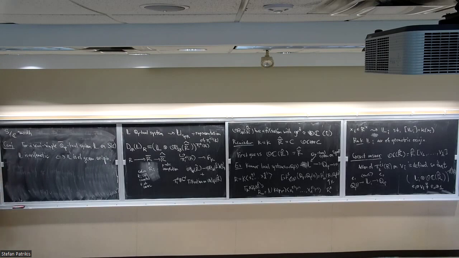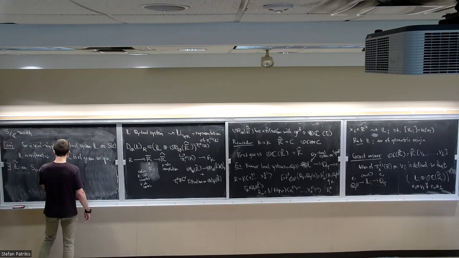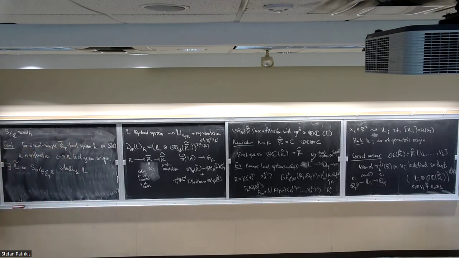And so if I know that my local system is arithmetic, then I know that there exists some local system L tilde on some spreading out of my variety over some finitely generated subfield of C. So now we're at least in a position to run p-adic Hodge theory on it, because we could embed F into some finite extension of Q_p and get a p-adic local system out of it.